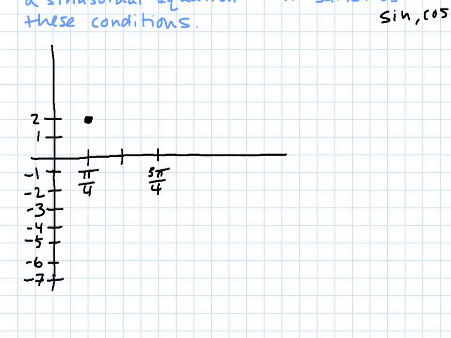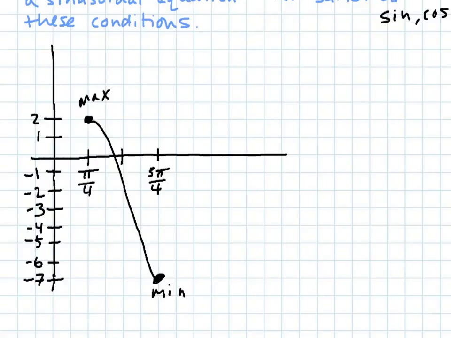Okay, so we have those two graphed. So that means that when we graph it, this is a max, this is the min, meaning the top of the sinusoid and then the bottom of the sinusoid.